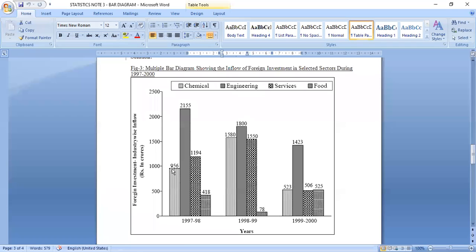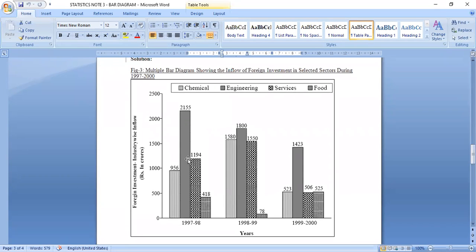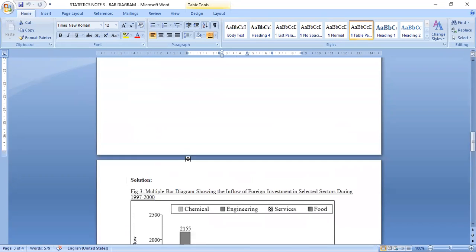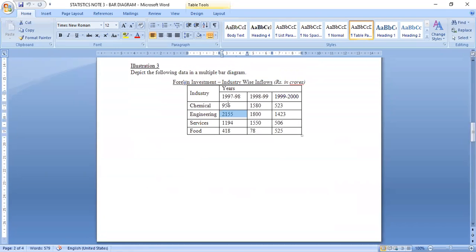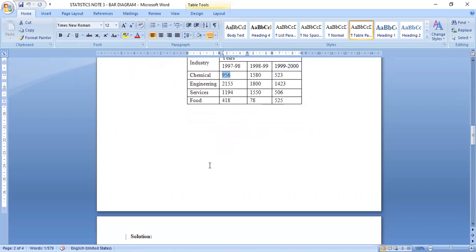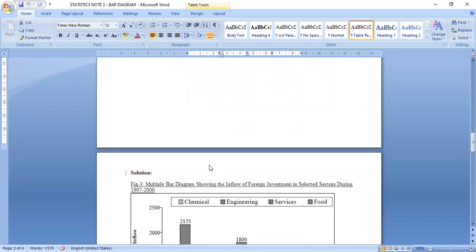We start with 956, that is chemical, for 1997. Then 2155 is for engineering.